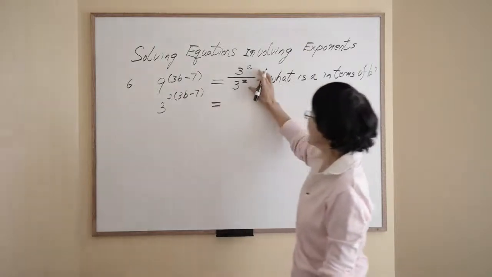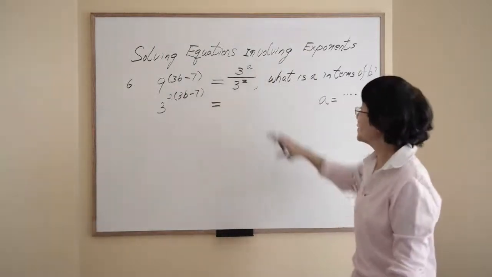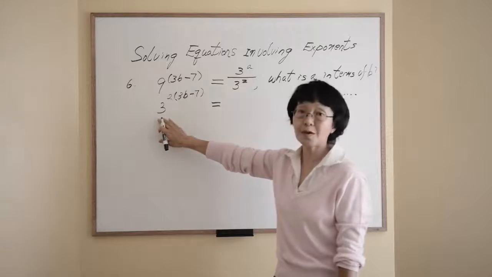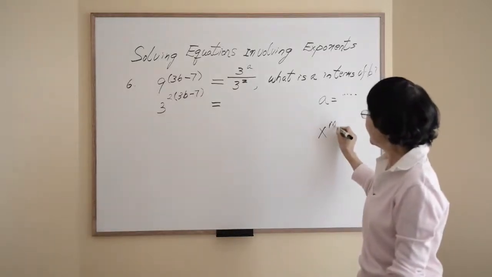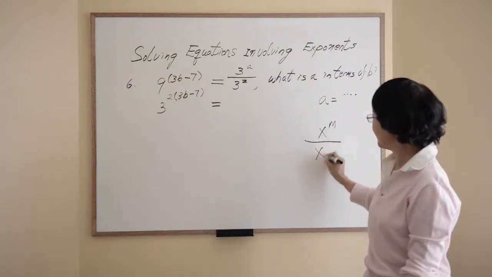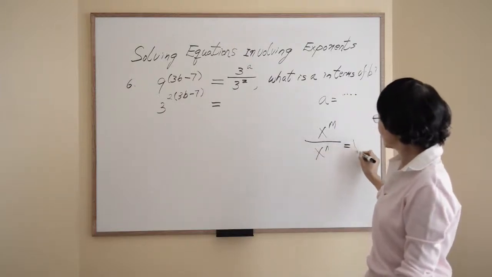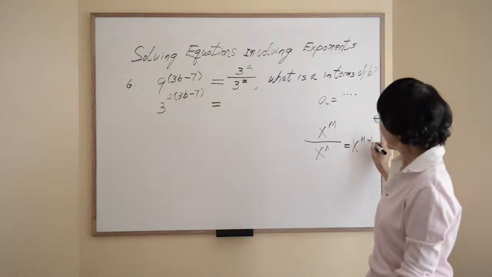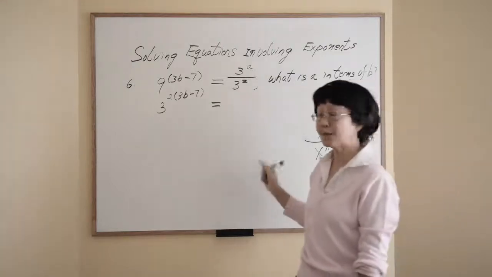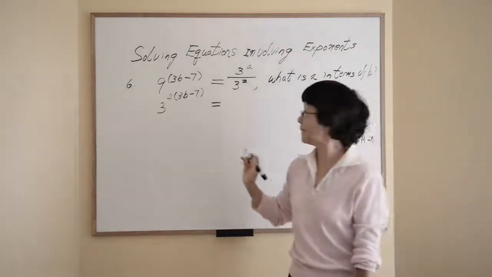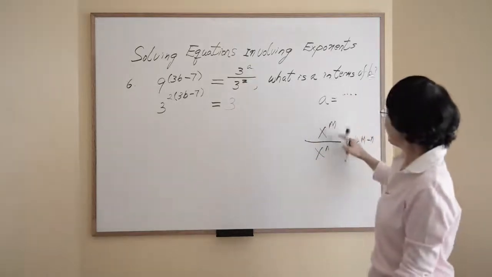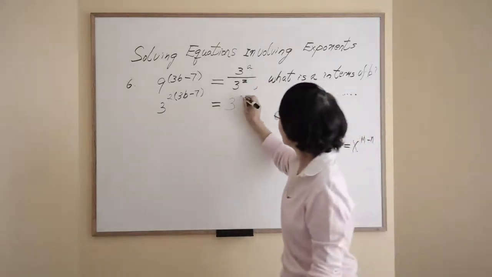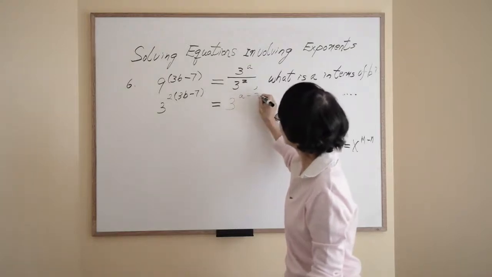What do you think you should do here to make it into one base of 3? Remember again, x to the power m divided by x to the power n is equal to x to the power m minus n. That's why I reviewed the exponents at the beginning. So here m minus n is equal to a minus 2.